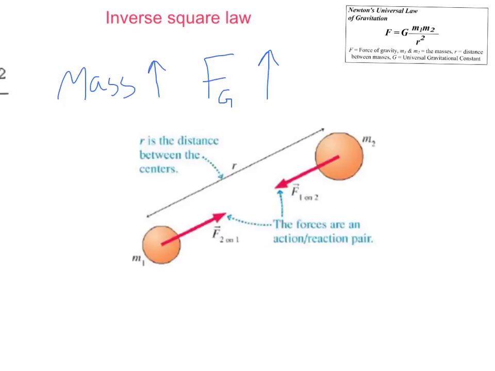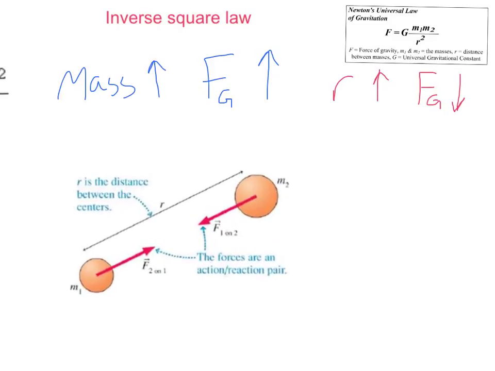But if instead the distance is doubled, the force of gravity would decrease by a factor of 4. And this is because it decreases by the square of the distance. So inverse square laws are really common in physics, and we'll see a couple more before the end of the year.